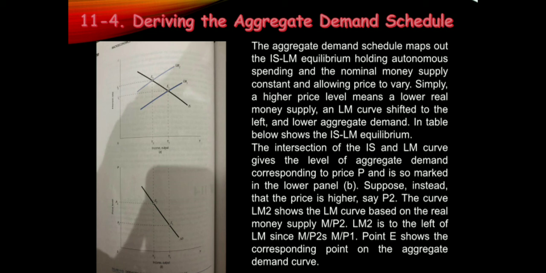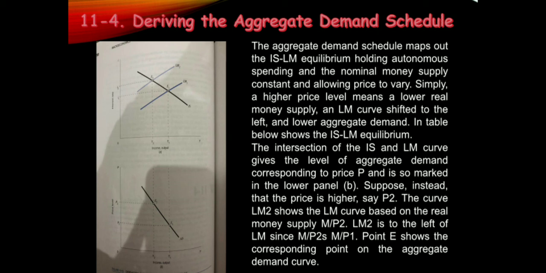The graph shows the IS-LM equilibrium. The intersection of the IS and LM curves gives the level of aggregate demand corresponding to price P and is so marked in the lower panel.